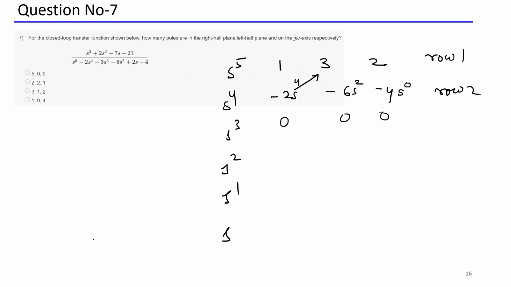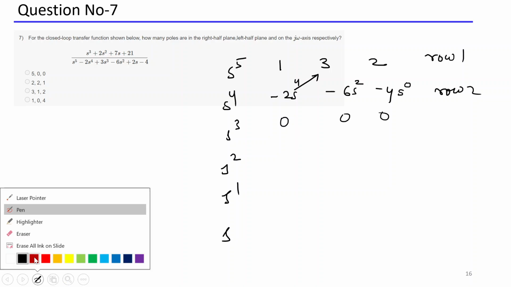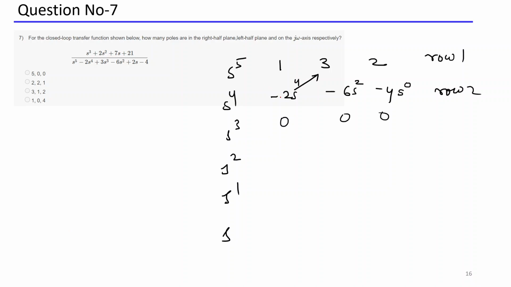Minus 2 into 4 is minus 8, minus 6 into 2 is minus 12, minus 4 into 0 is 0. So this row of 0 is replaced by minus 8, minus 12 and 0, and carry forward the remaining.